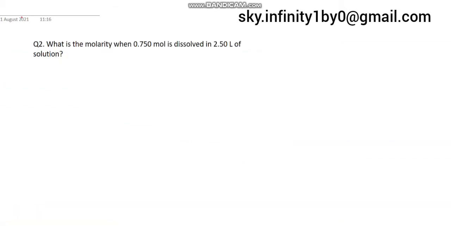So let's move on to solving the second problem. Now this problem is asking us only the molarity. So we don't need to rearrange the terms in the formula. Let's start off by writing the formula for molarity. I'll write a short form over here, M for molarity. M molarity is equal to the number of moles upon the volume in liters.